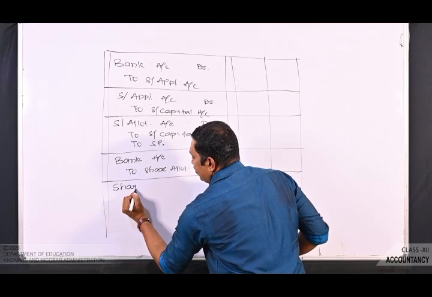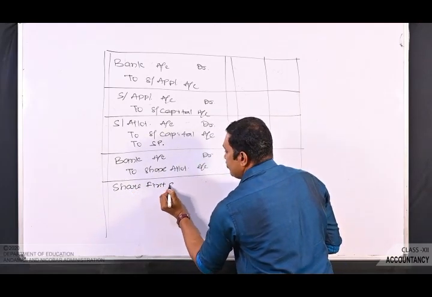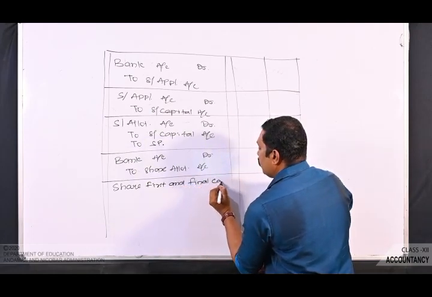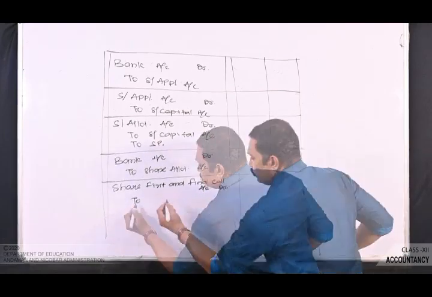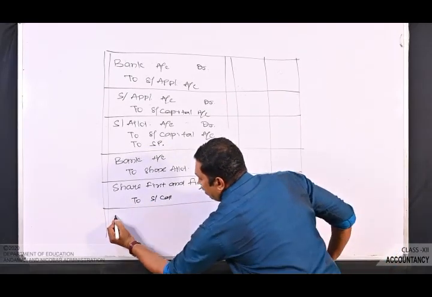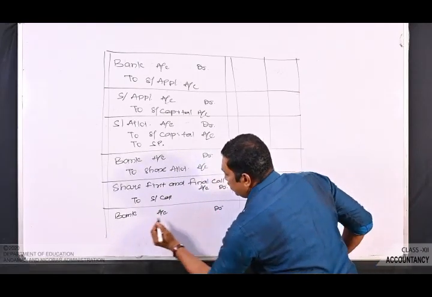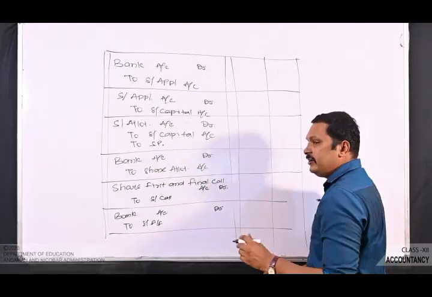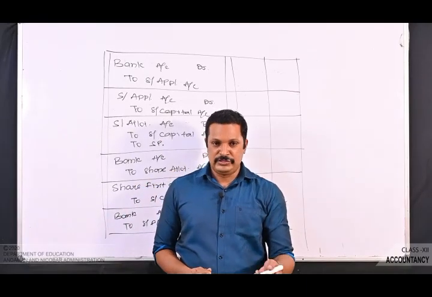In case of only 3 installments, you have to write here share first and final call account debit to share capital account. After that, the last entry, bank account debit to share first and final call. After that, forfeiture entry, reissue entry, capital reserve entry, the entries we learned just now.